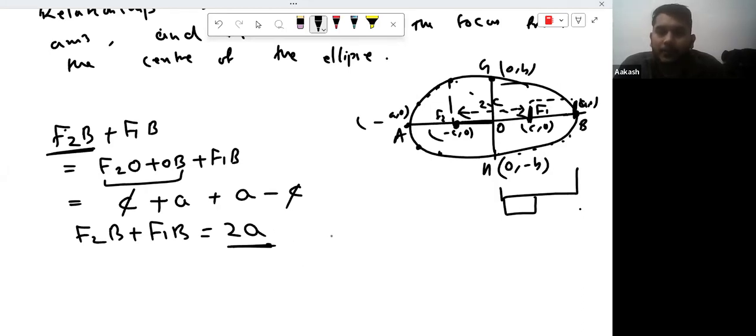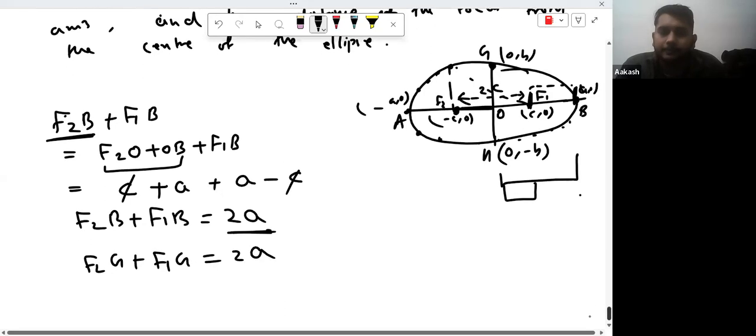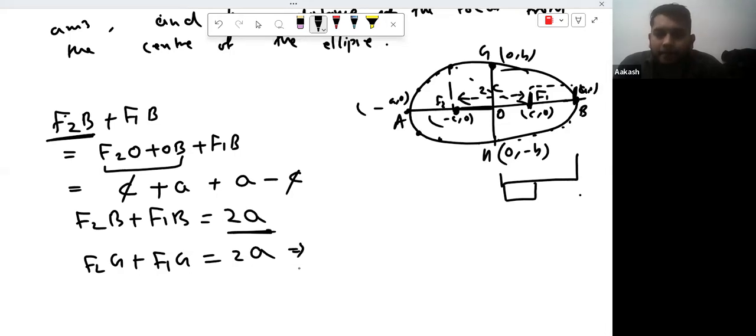That was the definition. So if I take the point G, can I say F2G plus F1G will also be equal to 2a? Yes, sir. Is it clear? Yes.